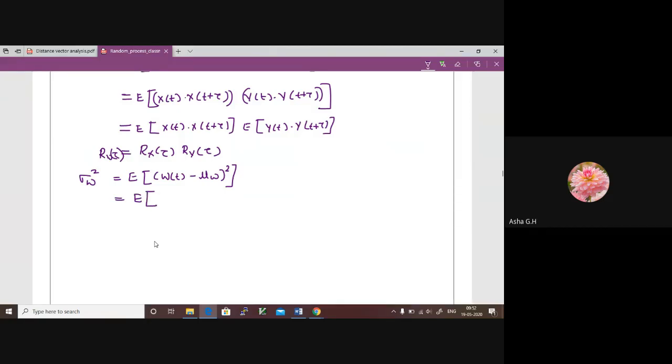So W of t can be written as x of t into y of t minus mu x mu y, whole square. This is x square of t, y square of t, plus square of both the means, minus 2ab. X of t into y of t mu x mu y.